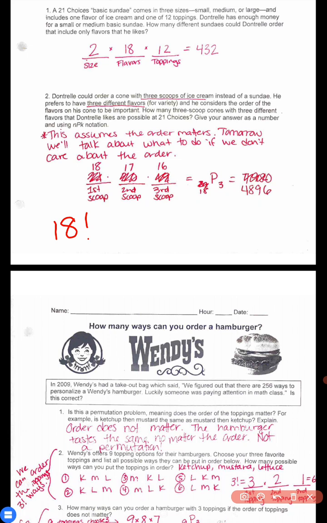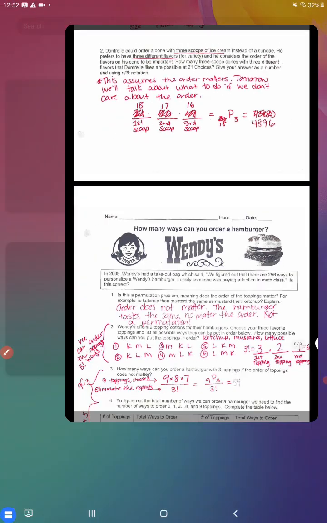So if I wanted to represent this with factorials, I could say take out 15 and below. So 18 factorial divided by 15 factorial is the same thing as 18 times 17 times 16. And I will also show you that on your calculator, because your calculator will handle factorials for you.